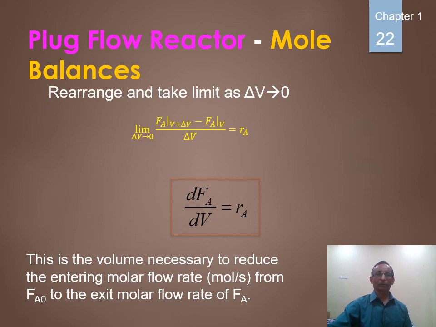So depending upon this, you are going to get dFA by dV is equal to Ra. dFA by dV is equal to Ra. That gives the design equation of PFR. This is the volume necessary to reduce the entering molar flow rate, mole per second, from Fa0 to the exit molar flow rate, Fa.